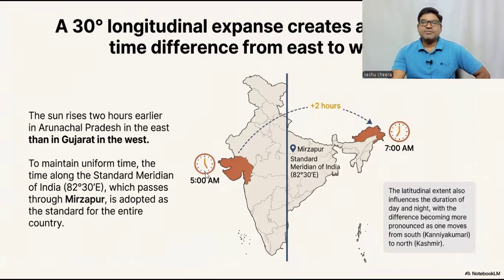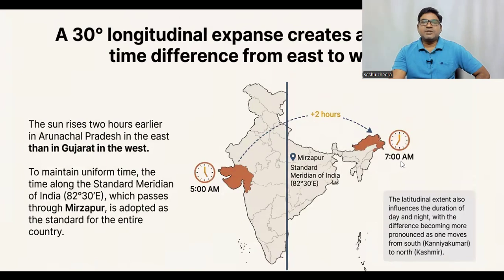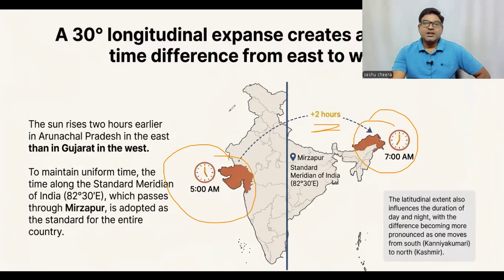As you can see here, if it is 7 a.m. in the east, by the time it is west, it is 5 a.m. So from here to here, the time difference is 2 hours. So between Arunachal Pradesh and the Gujarat region, there is a 2-hour time difference. Now, why is there a 2-hour time difference? Any guesses?